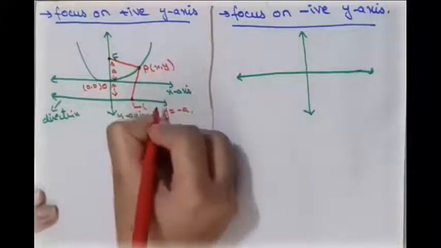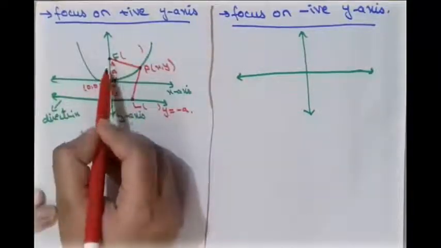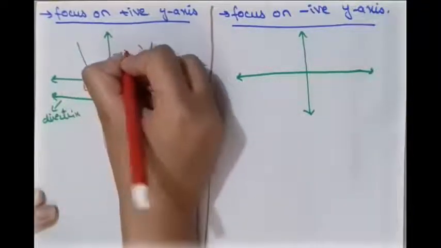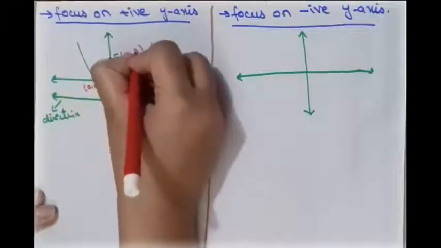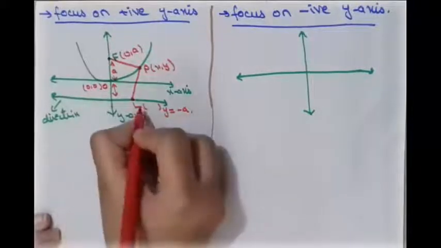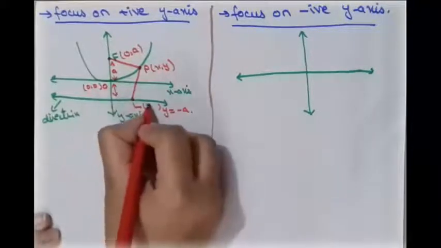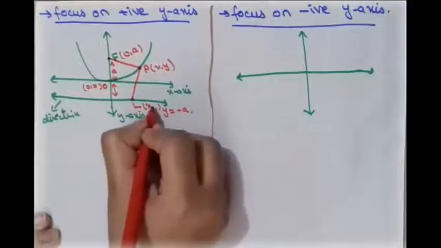So we find the coordinates of these two points. Here on the x-axis it will be 0 and on the y-axis it will be a. An important point to note is that for the other point, on the x-axis it is x and on the y-axis it will be minus a.